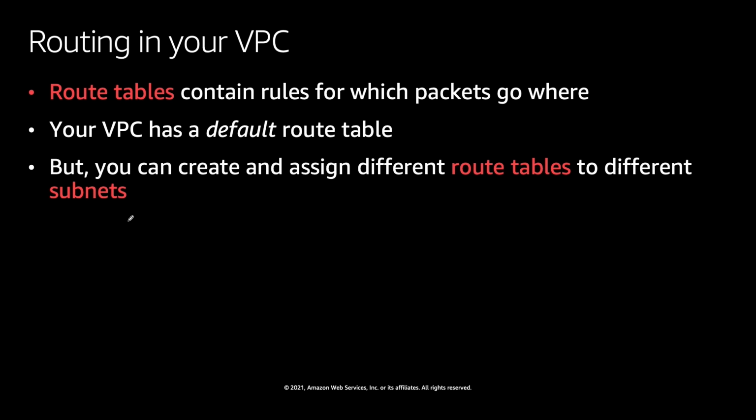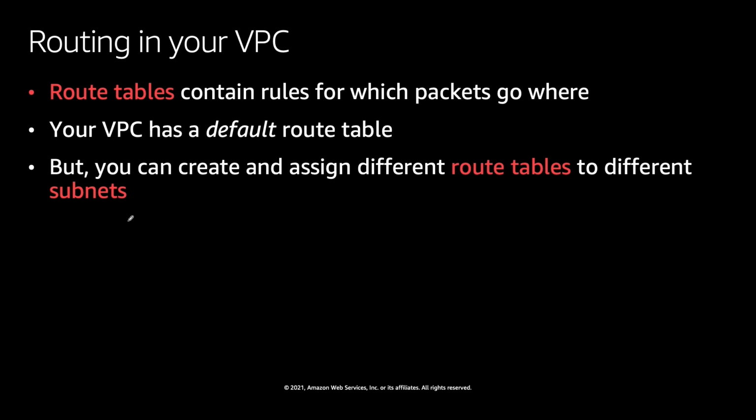When you create a VPC, what we have is route tables, and route tables dictate a certain set of rules. When you create a VPC, it will have a default route table. This is the only thing that you get when you create a VPC.